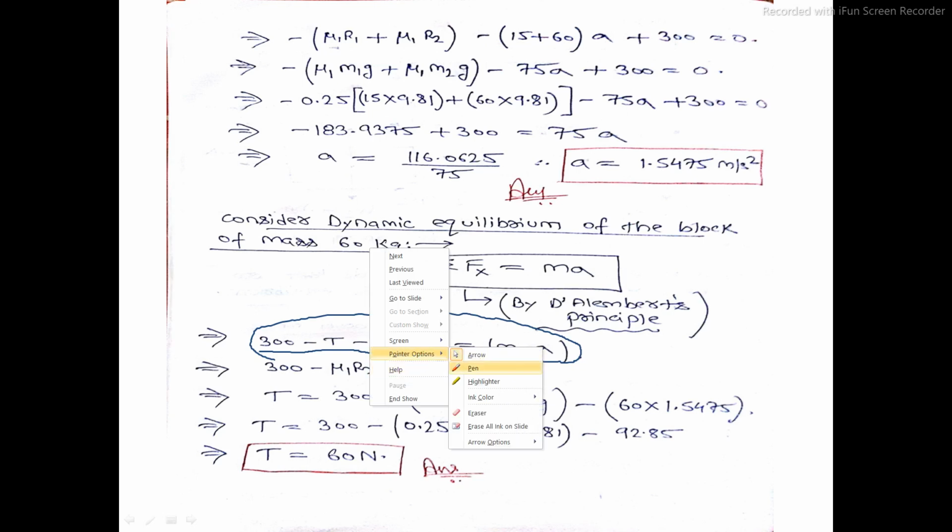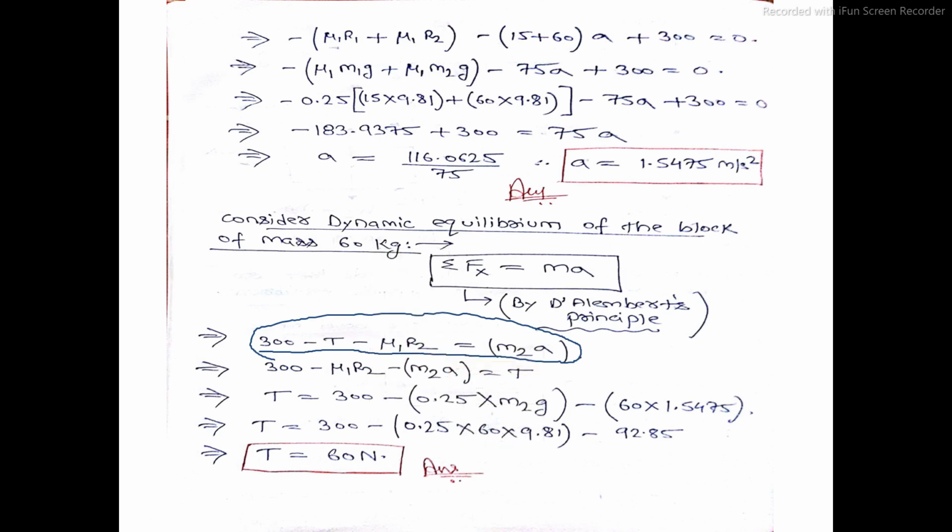Or I can write T is equal to 300 minus mu1 is 0.25 into R2 is your m2g minus m2 is 60 kg, 60 into acceleration a, just now we have found out it is 1.5475.